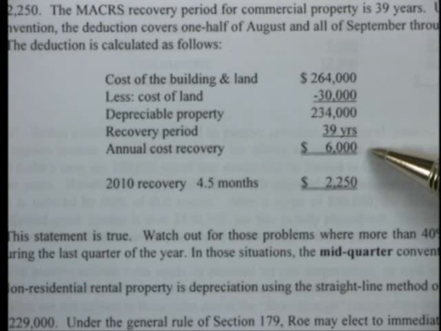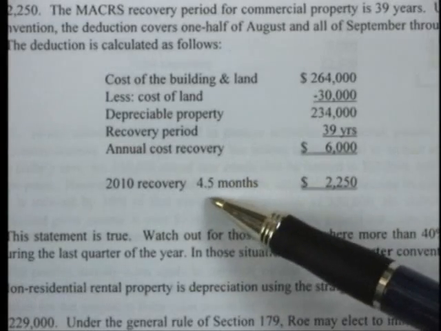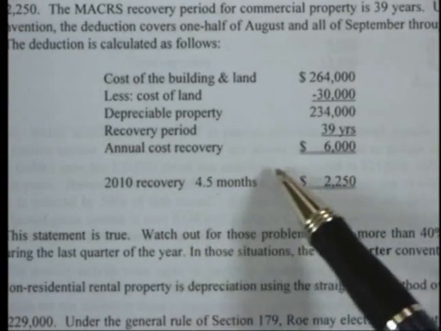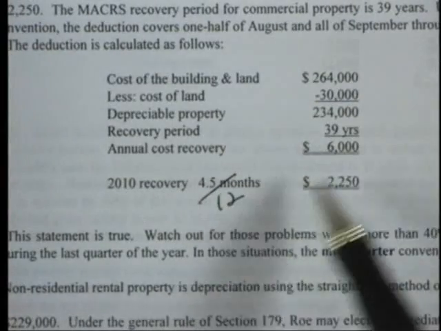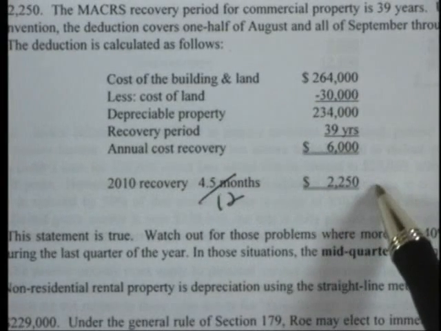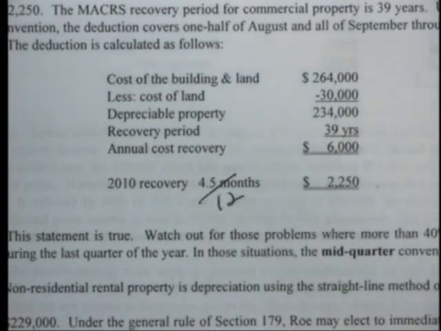If I bought it in August, I'm going to depreciate it for half of August, all of September, October, November, and December. That's 4.5 months. So basically 4.5 months over 12 times the 6,000 is $2,250. So the candidate without tables had to go through and do those computations, okay? Pretty extensive.